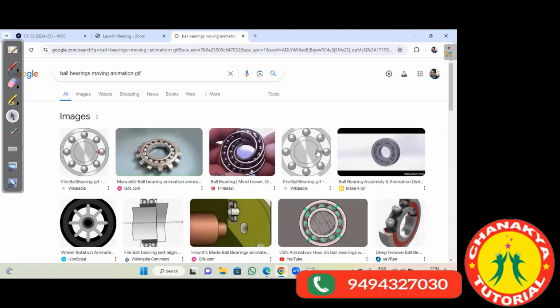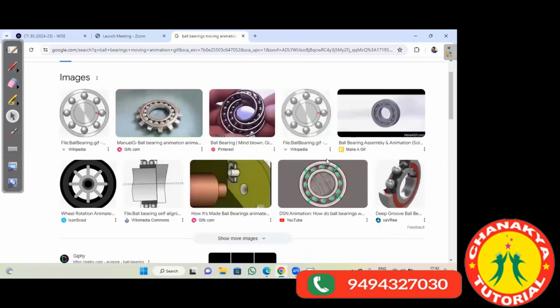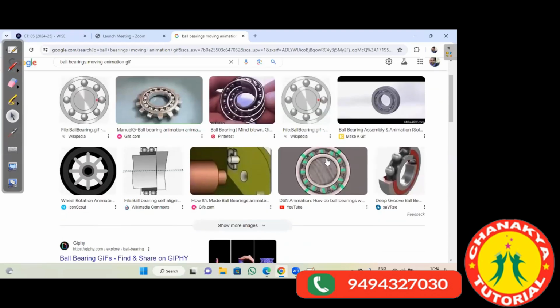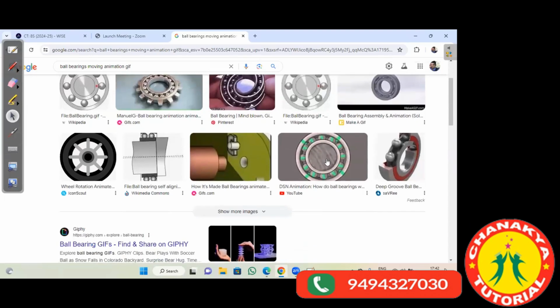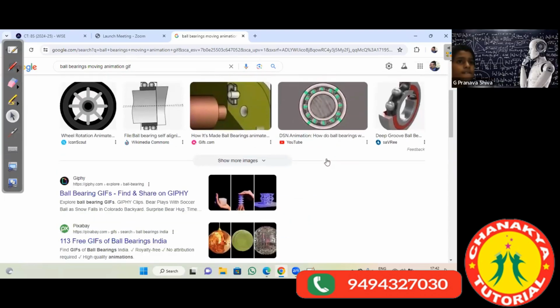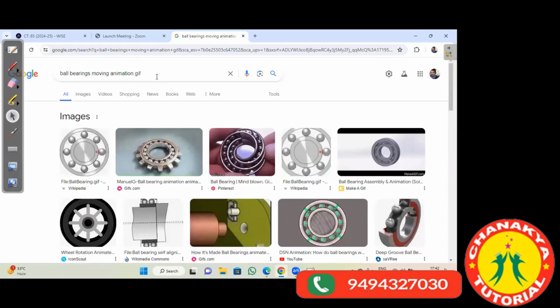If there were no balls between them and you place the two rings together, will it be easy for them to move? No, sir. Okay, so then it will not be easy for them to move, hence ball bearings are used.